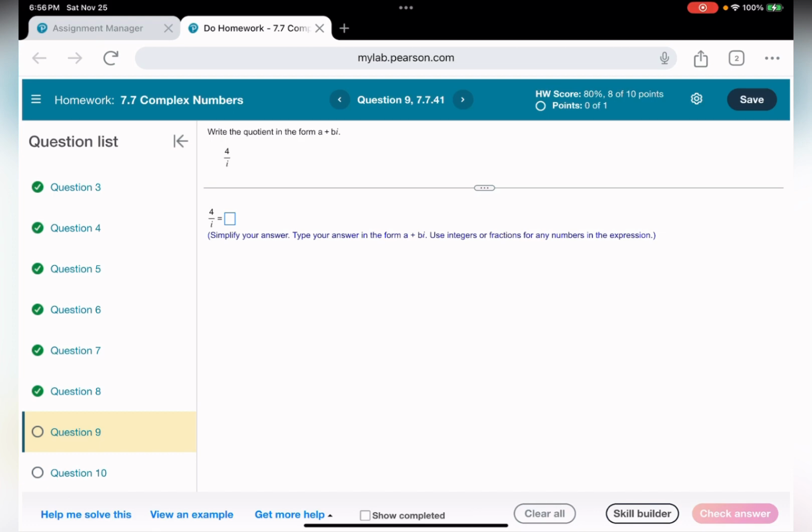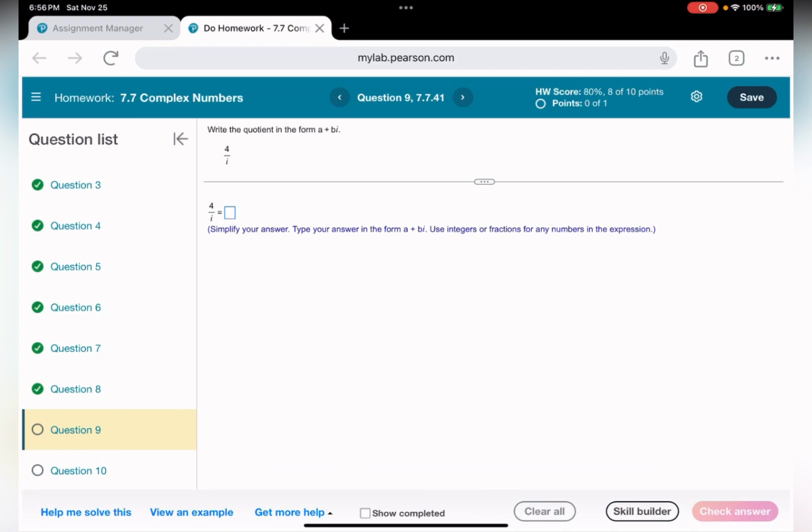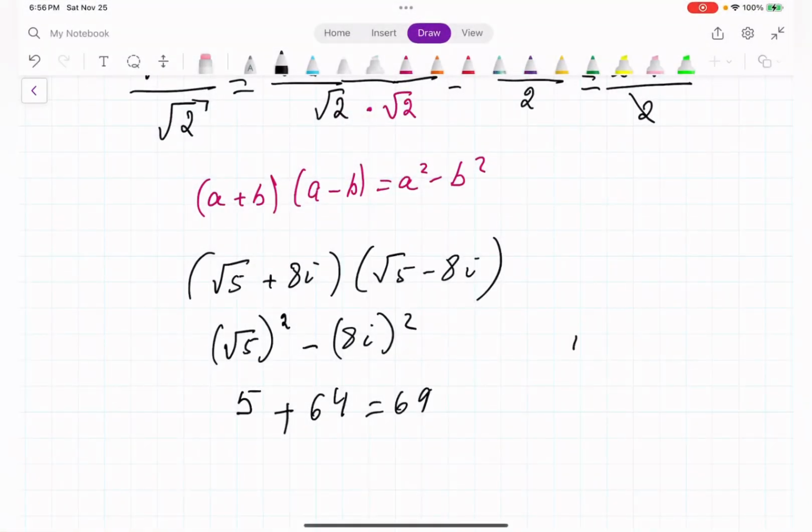Number 9. Okay, 4 over i. We need to rationalize also. 4 over i. I'm going to multiply by i to get rid of i in the denominator, times i here.